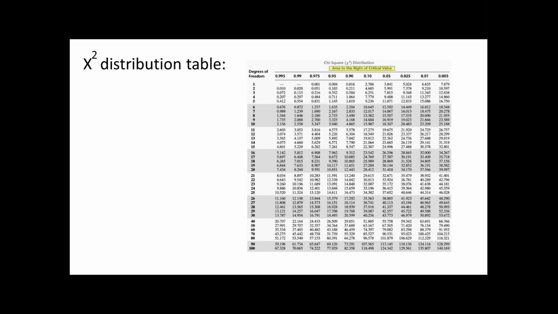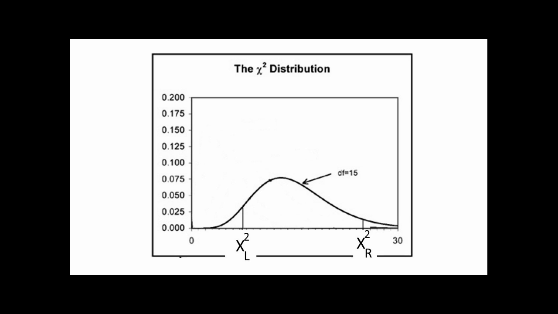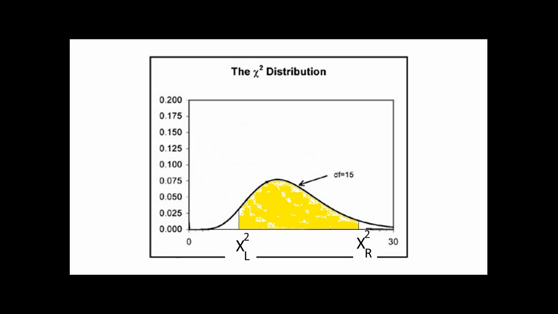Here's an example. Let's say we have a sample size of 16, which is 15 degrees of freedom, and we want a level of confidence of 90%. What are the values of chi-L squared and chi-R squared? Like we did for critical z-scores, we start by knowing that 90%, or 0.9000, represents the middle of this chi-squared distribution.